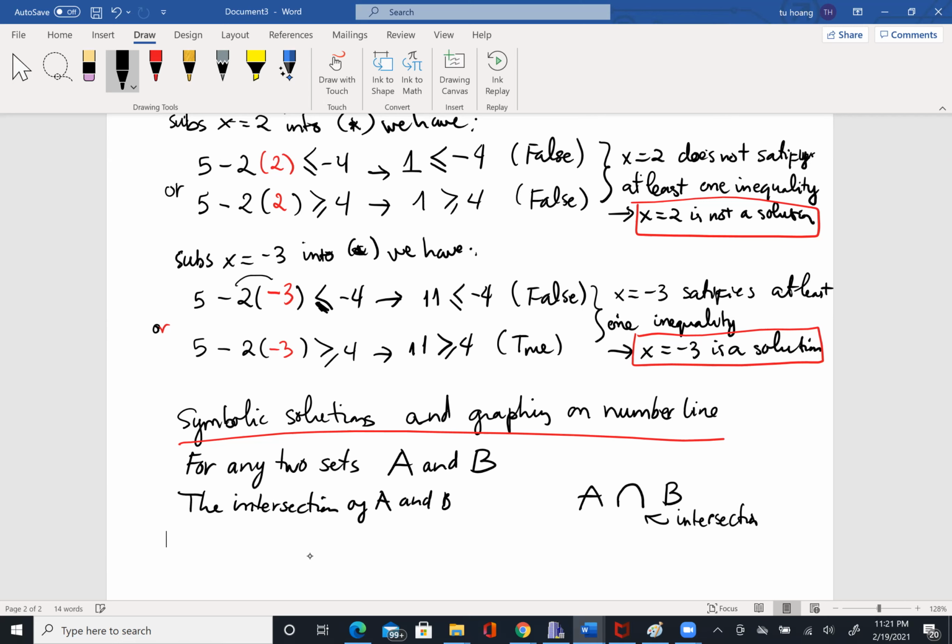So the intersection of A and B is denoted A intersection B.